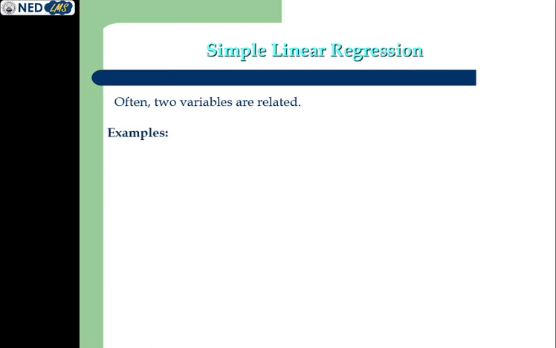Actually student, in the simple linear regression model, we discuss two variables, and we are going to relate any two variables, for example the selling price of a home and its size. Is there any dependency between the selling price of a home and its size?